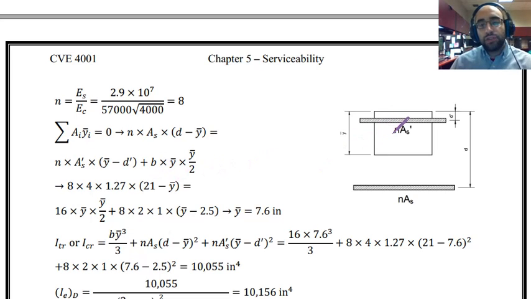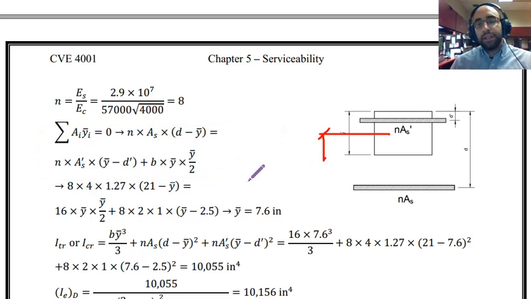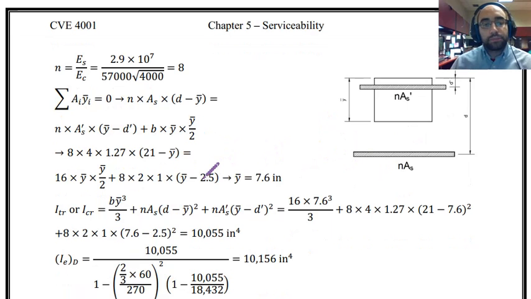And then the distance is just the centroid of this concrete block, which is Y bar over 2, which is mentioned over here. So area multiplied by the distance from the centroid of the area to the neutral axis. This is the equation that we need to solve for finding Y bar, or the depth of the neutral axis, or the location of the neutral axis in the transformed section.